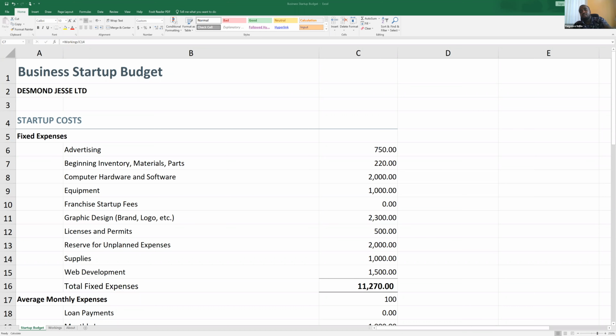If you have your new tab, you can come here, insert table, right? Not this one.